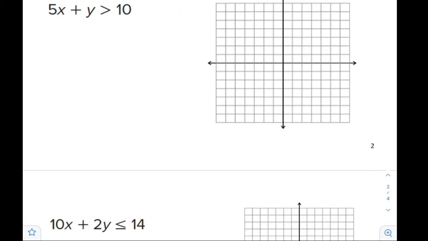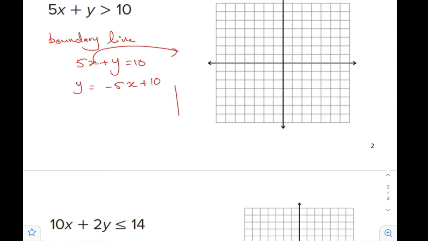Let's do this one. So the boundary line is 5x plus y equals to 10. We can write it in slope intercept form so that it's easier for us to generate our table. So if x is 0, then y equals to 10.